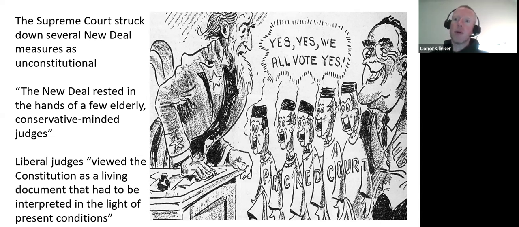It has to be interpreted based on how things have changed, not based on what someone said in 1787. And conservatives are more strict constructionists. No, no, no, no, no. It's not our job to interpret in light of, oh, now it means this. It's our job to read what was written on paper and apply it. So hopefully you remember that. We talked about that in an earlier context.